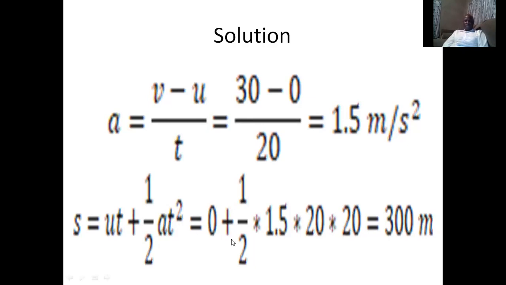The bus was starting from rest, meaning the initial velocity is 0. The acceleration was 1.5 and the time is 20 times 20, which gives us 300 meters. So we can derive these equations as well as do a simple question to enable us to fully understand how to apply them.